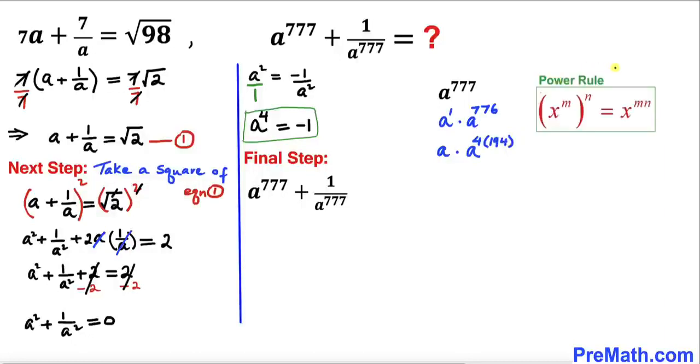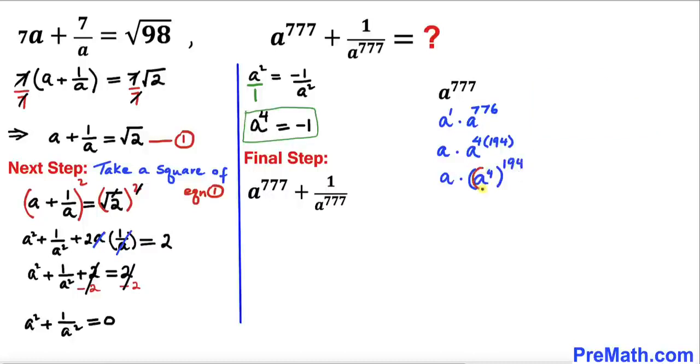Now let's recall this power rule of exponents, which we are going to apply on this part. So we can write this as a times a to the power 4, and then the whole power 194. But we know that a to the power 4 is negative 1.